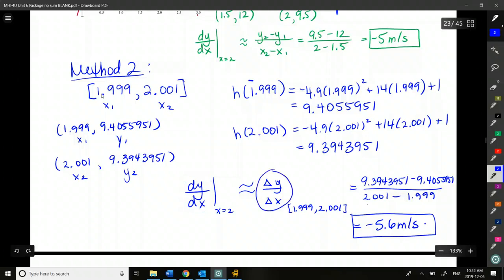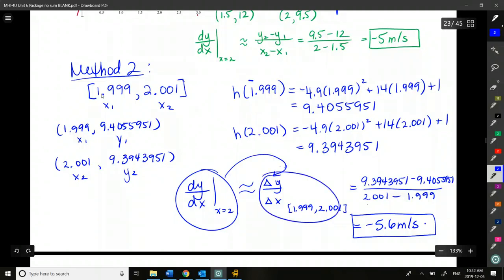And we're using average rate of change over this interval to help us find that. So when I say delta y over delta x, we're finding an average rate of change. When I say dy over dx, that's an instantaneous rate of change. So we're estimating the instantaneous rate of change when x equals 2, with an average rate of change over this interval.